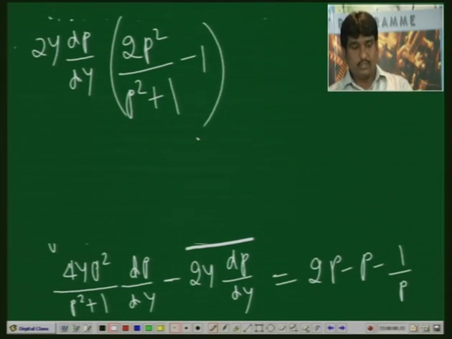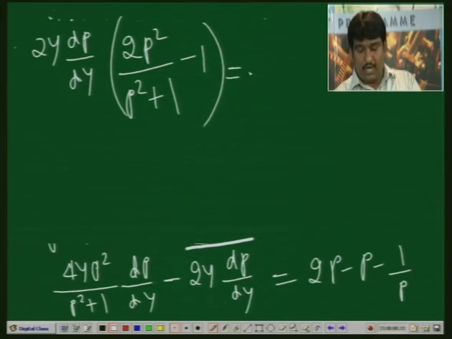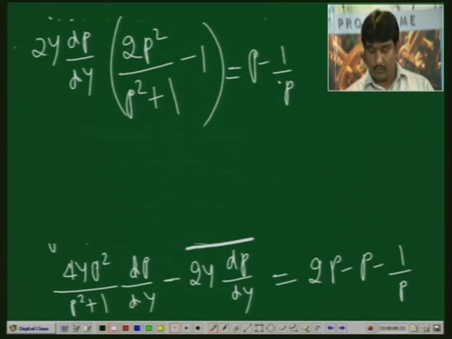This is LHS, because 2y into 2p square is 4yp square by p square plus 1 as it is, and I have taken 2y dp by dy outside, so it is 1. That equals RHS. 2p minus p is p, so it is only p minus 1 by p. Simplify this.